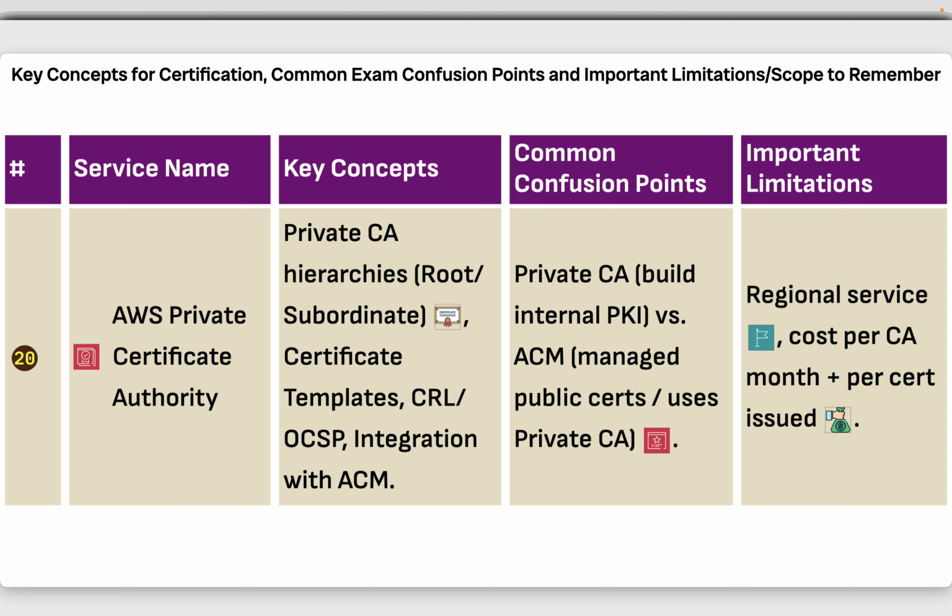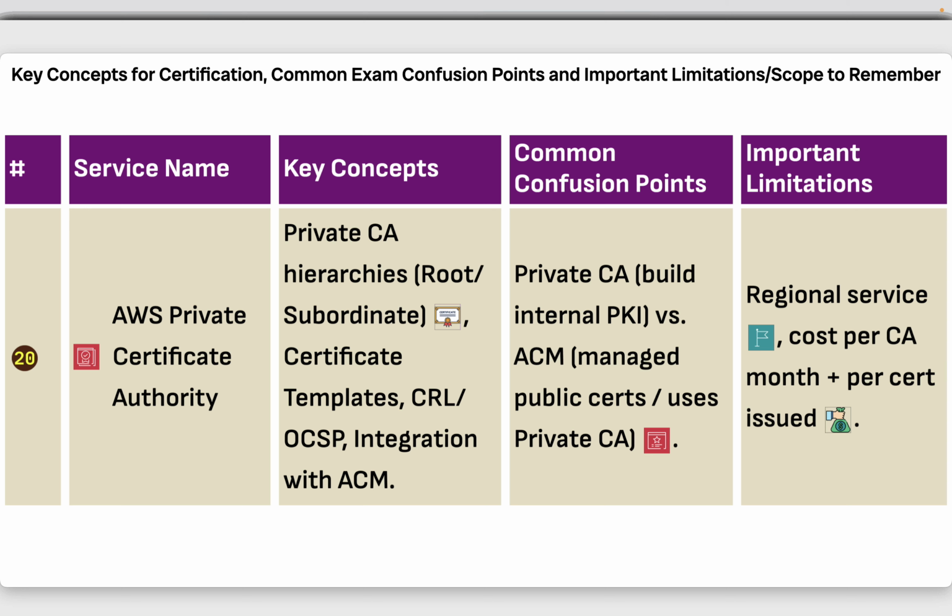AWS Private Certificate Authority. Key concepts are private CA and certificate authority hierarchies, so it includes root and subordinate, certificate templates, CRL, which is certificate revocation list, and OCSP, which is Online Certificate Status Protocol, and integration with Certificate Manager.